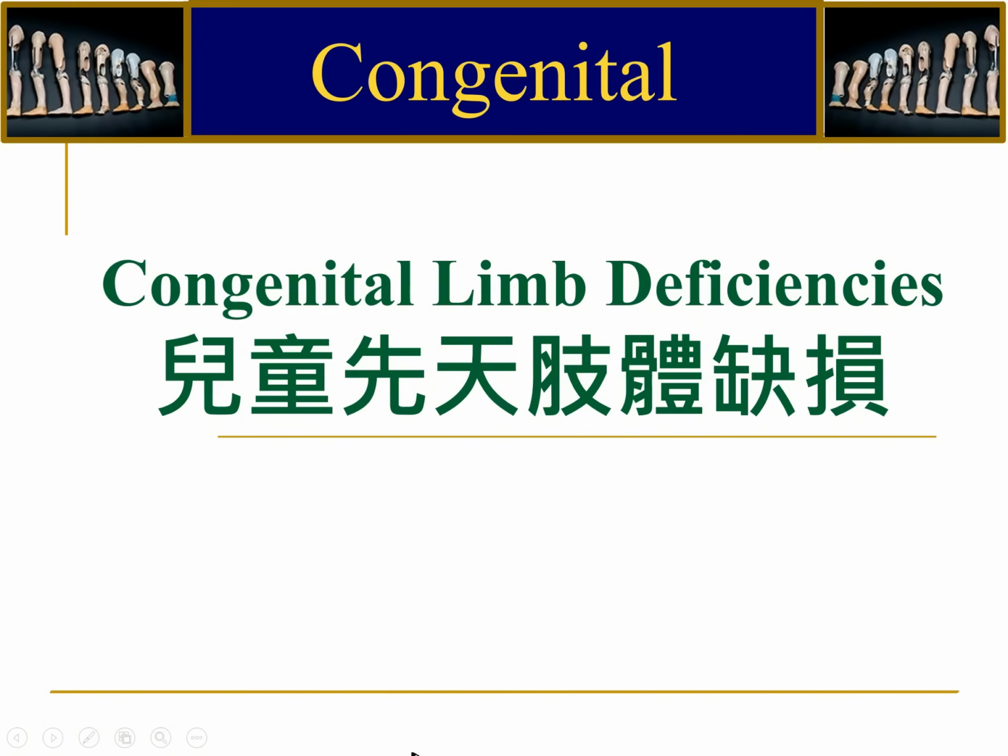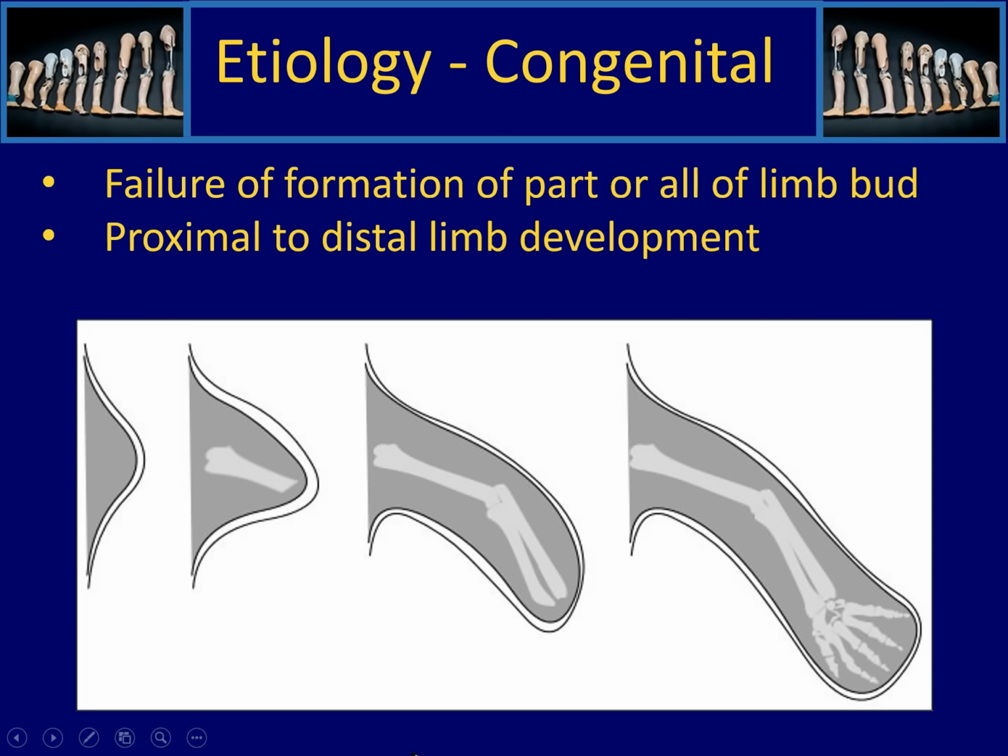Among them, the congenital limb deficiency can easily be diagnosed and found in our clinic. The etiology of congenital limb deficiency is the failure of formation of part of the limb in the uterus, in the limb bud, which is proximal to distal limb development during gestation.